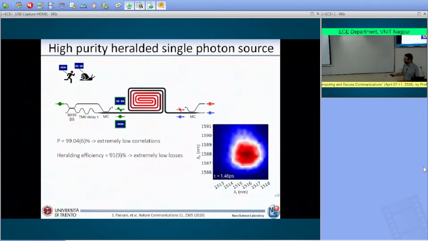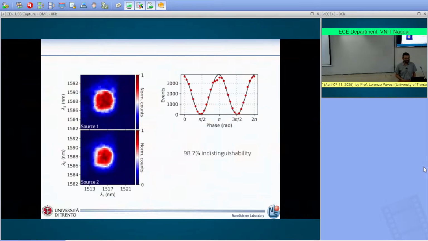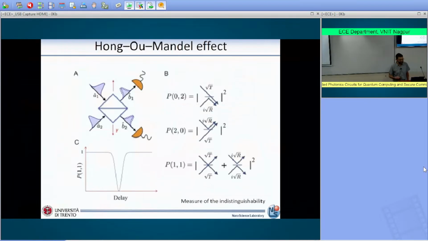So we do wonder, are those photons really pure photons? So we perform a quantum interference between the two photons, and we end up with a quite large indistinguishability. If we have two sources that generate those heralded single photons, we perform an interference experiment, and we end up with a very large visibility.